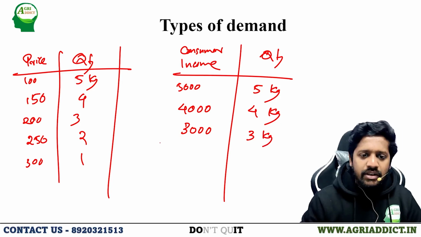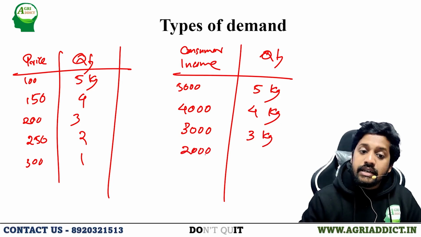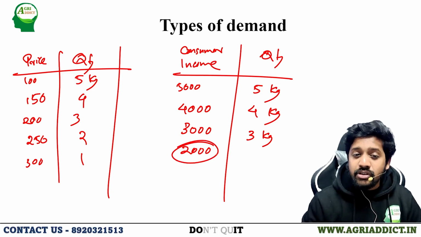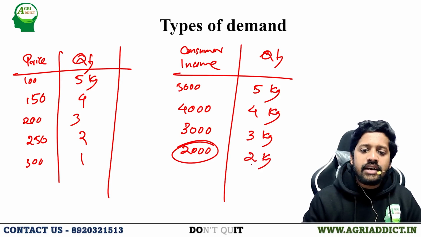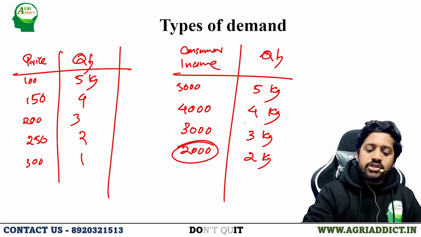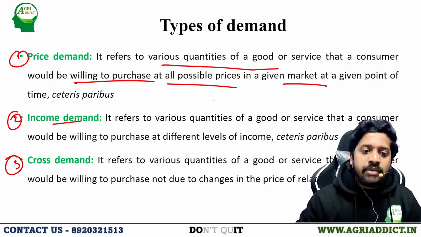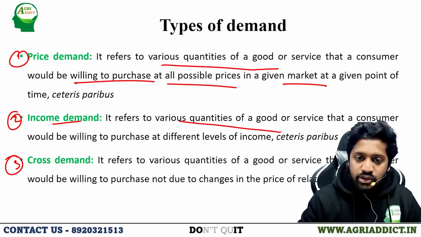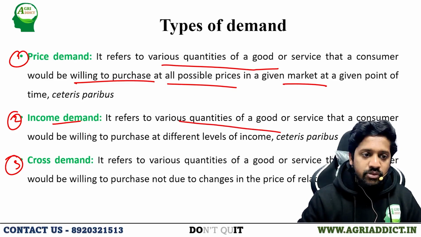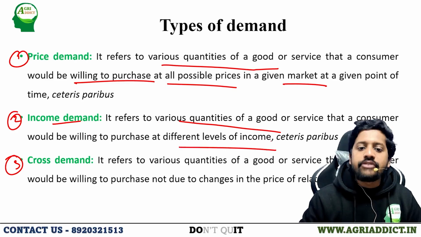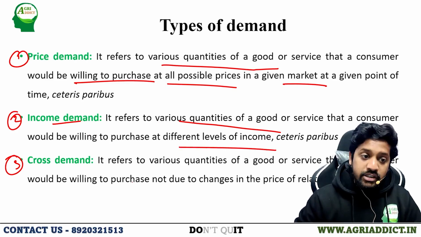If just 2000 rupees was my consumer income, I will be consuming only 2 kgs of apple. So how the consumer is going to demand at different possible levels of income is given by the income demand. It refers to various quantities of a good or service that a consumer would be willing to purchase at different levels of income.